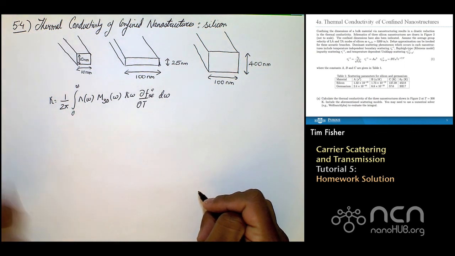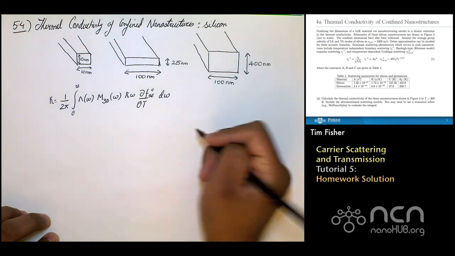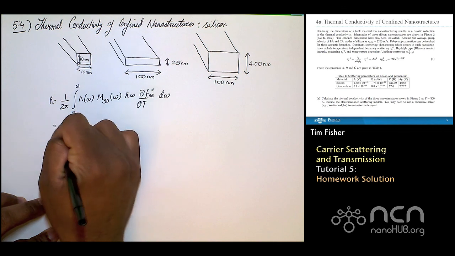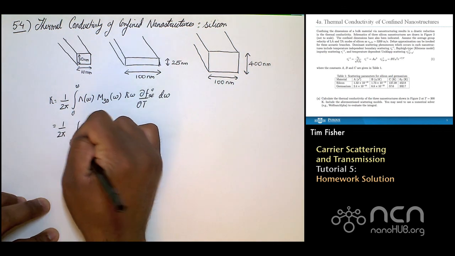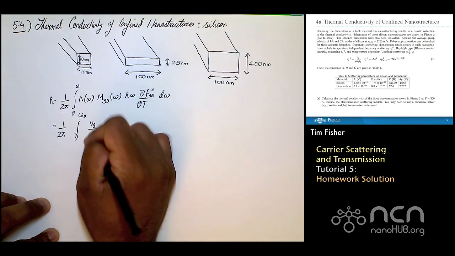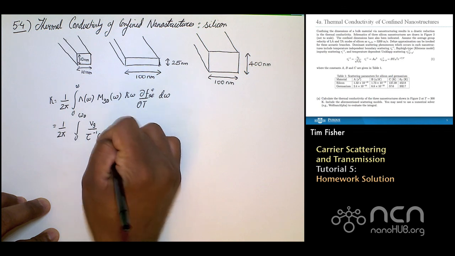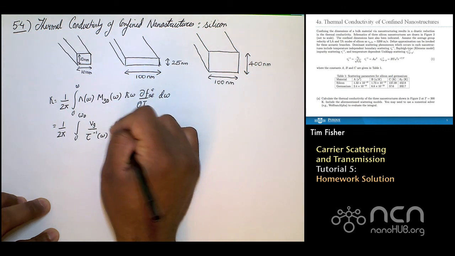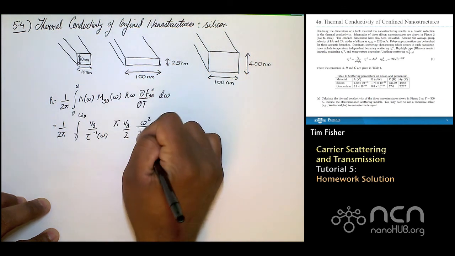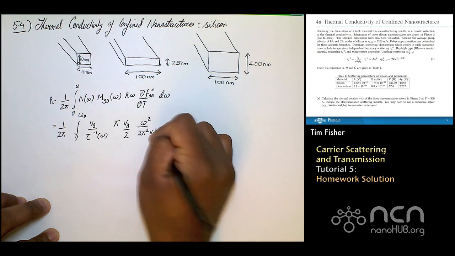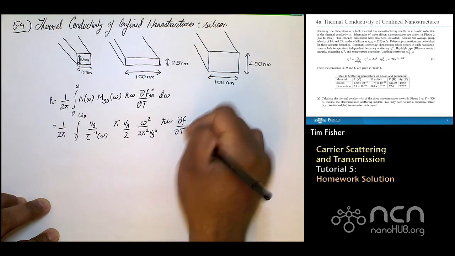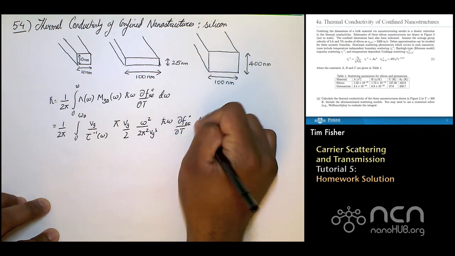Upon invoking the Debye approximation, which results in a certain expression for the density of states, we can simplify this expression as 1 upon 2 pi, integral 0 to omega D, Vg upon tau inverse of omega, times omega square upon 2 pi square Vg cube, times h bar omega, times the partial derivative of the Bose-Einstein distribution, d omega.